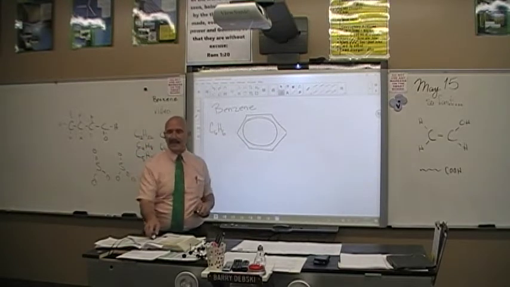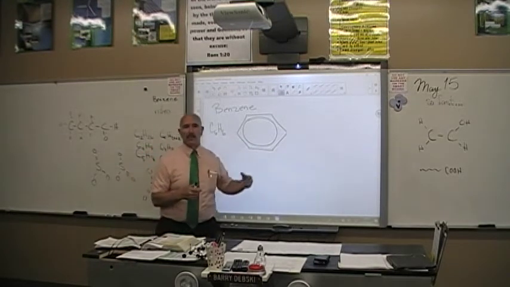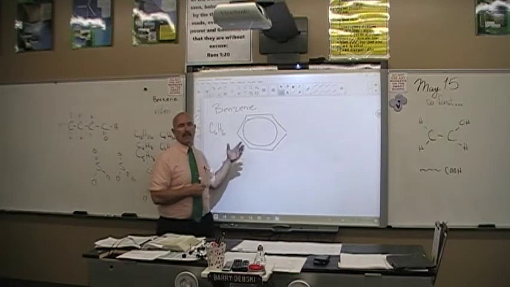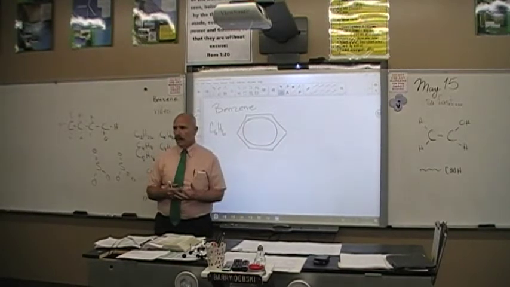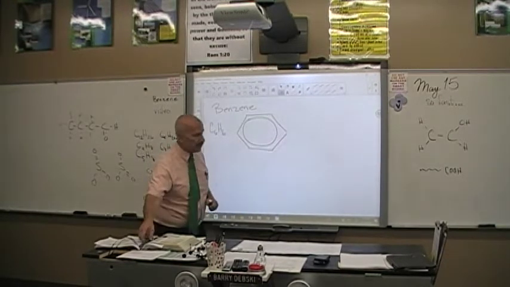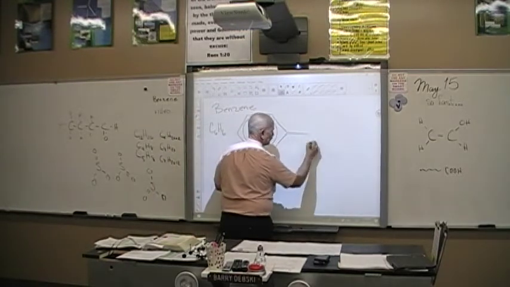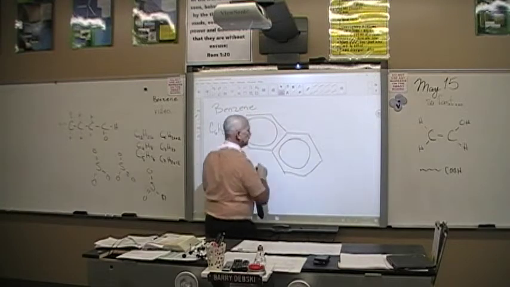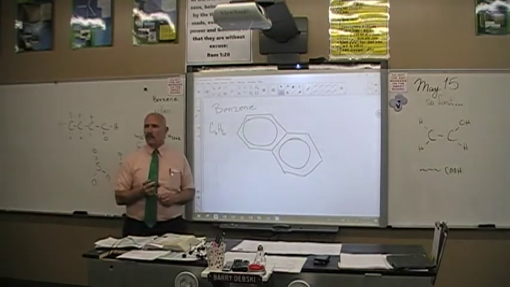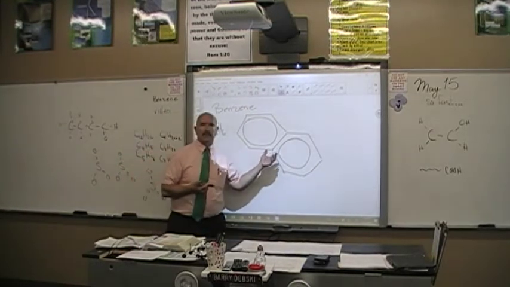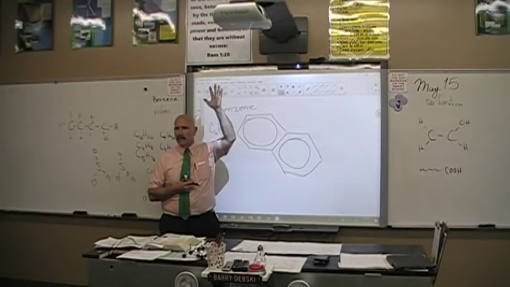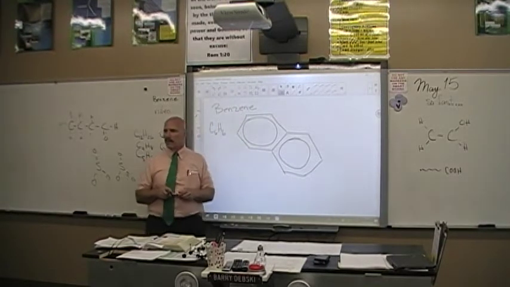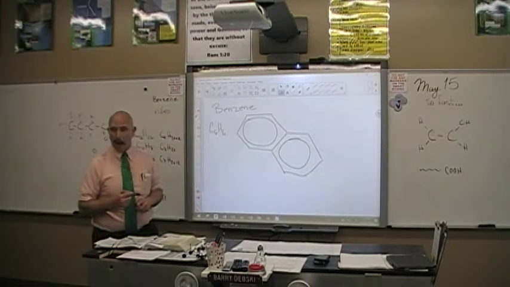Now, because benzene and its derivatives, the word derivative means things that are made out of this. Okay? So one of the common structures made from benzene is this one. Got 2 of them together, and that's the foundation for what we call mothballs. Anybody know mothballs? Yeah, stinky things we put in the closet to keep the bugs out so they don't eat all your cotton.